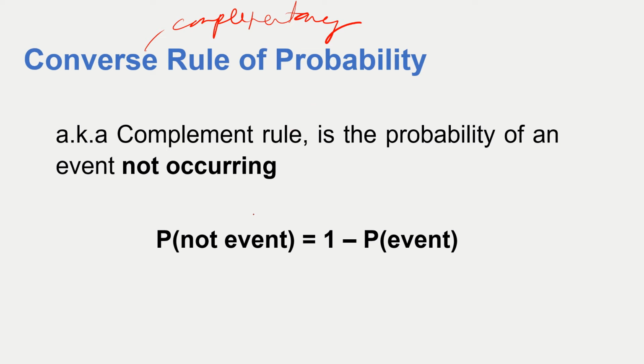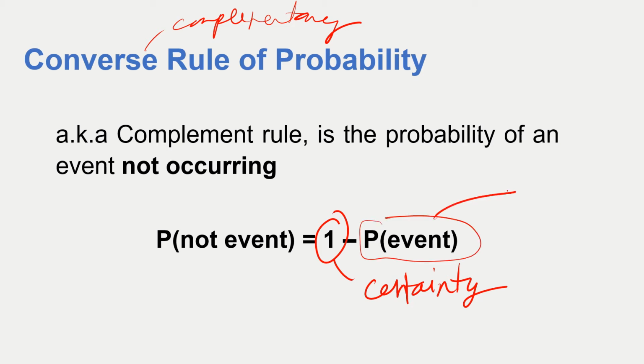So saan nanggaling si 1? Sabi natin 1 is the measure of certainty. Na-discuss natin yan last time. This is our measure of certainty, meaning there is a 100% chance that the event will occur. So to get the probability of an event not occurring, we subtract the probability of an event.